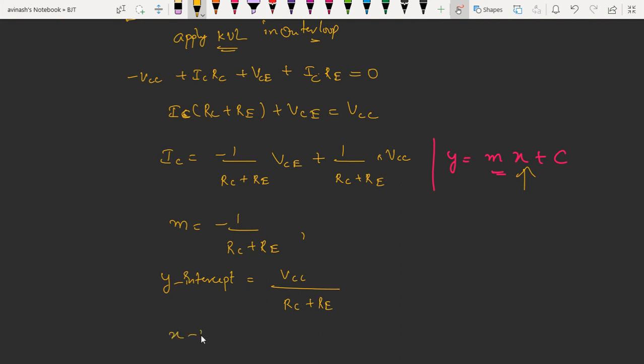The same way for finding the x-intercept, put y is equal to 0. For finding the y-intercept, we have made x equal to 0. For finding the x-intercept, put y is equal to 0. Y is equal to 0 means, what we get here? Simply VCC.